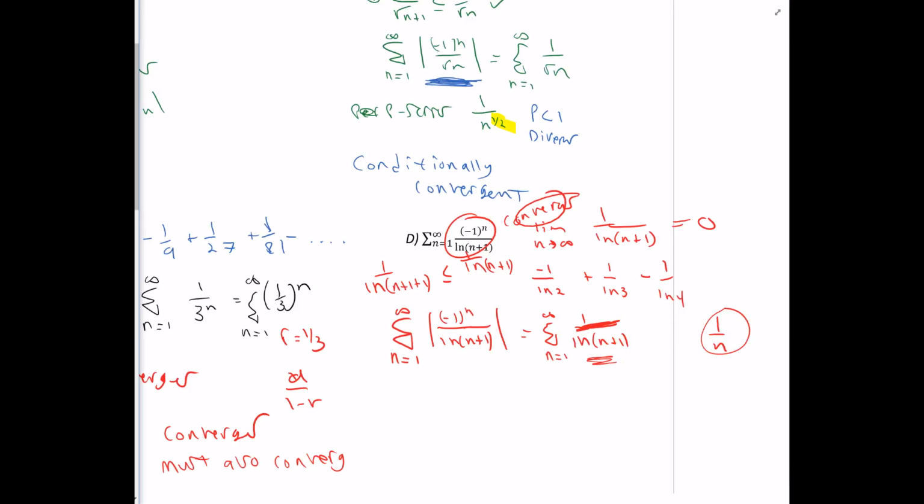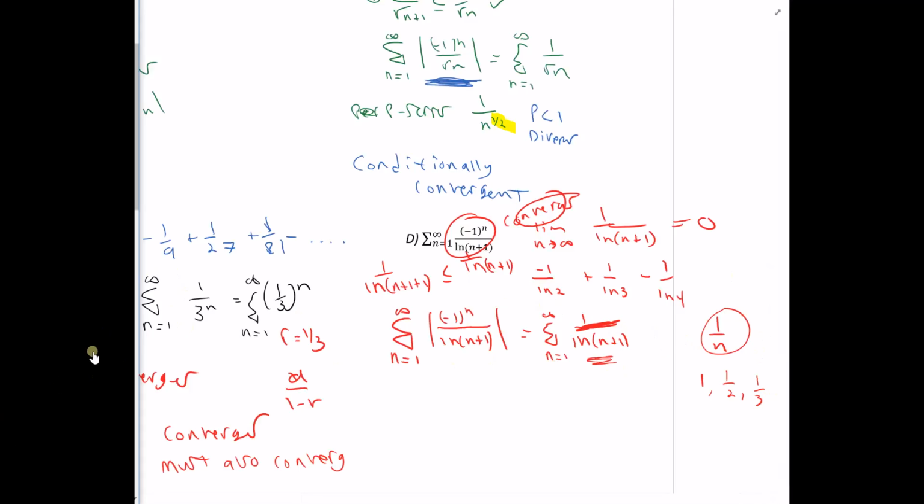So let's do some terms. 1 over n is 1, 1/2, 1/3, and so on and so forth, right? And then 1 over natural log, we already did these up here, right?